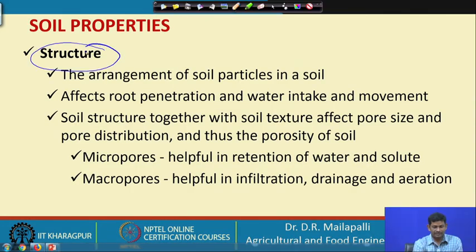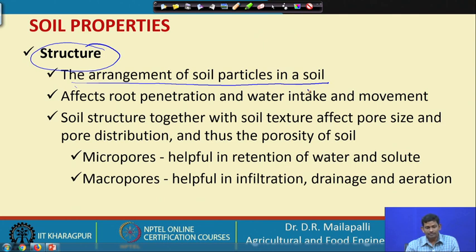So, this is soil structure. Soil structure is basically the arrangement of soil particles in a soil. Previously we saw that soil constitutes sand, silt, and clay. But at the same time, the individual soil particles arrange in a definite shape.